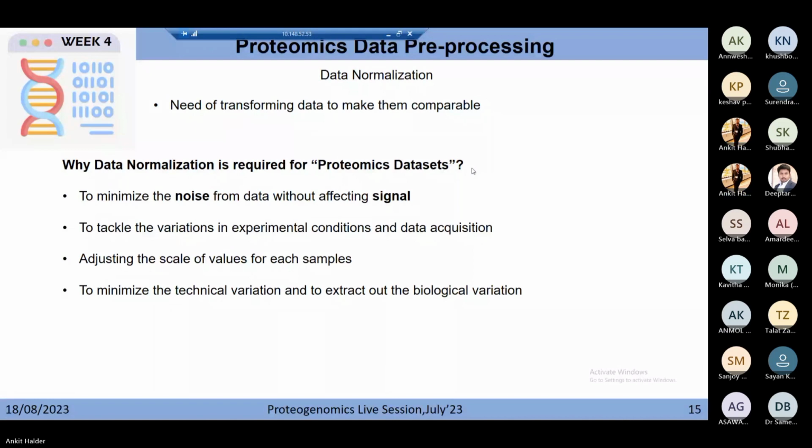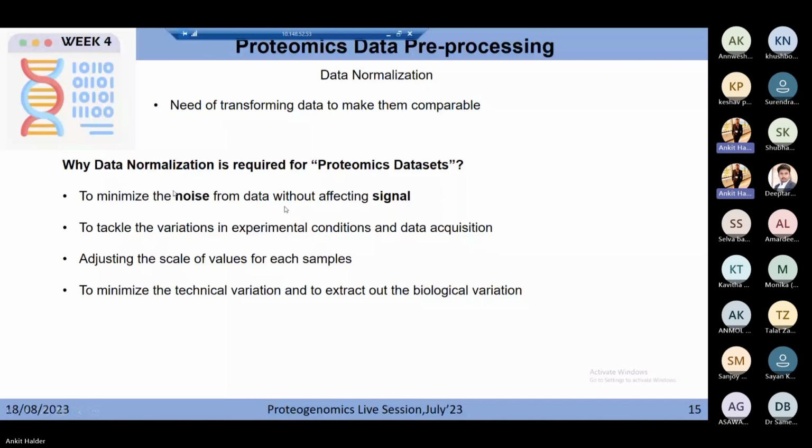Now, as you could see, there are so many places where your data can have noise, artifacts, or behave differently. Now we are trying to compare two sets of groups, your control and disease, or control and treated, or anything. So we need to minimize the noise that is being generated, without affecting our real signal.